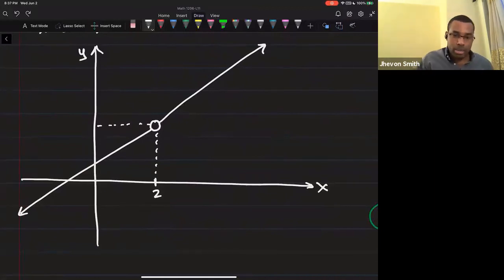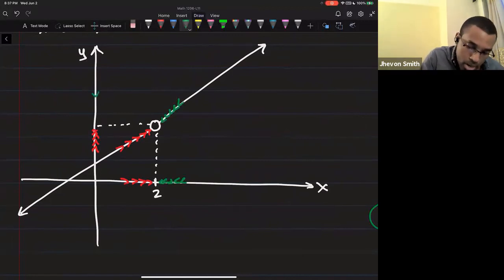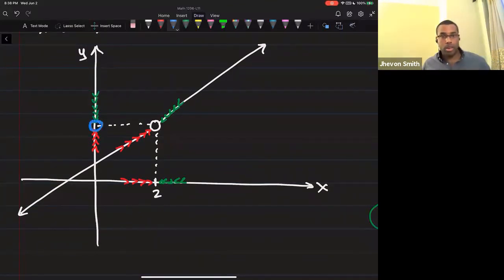And now we're going to play the same game, right? We're getting close to 2, which means I'm on my graph doing that, which means my y values are correspondingly moving up towards something. And I can get close to 2 from the right side of this function doing that, and my corresponding y values are doing this. So they're moving towards something. What is that?